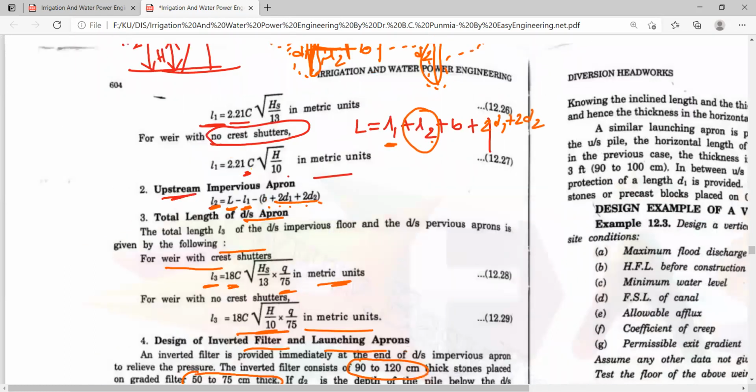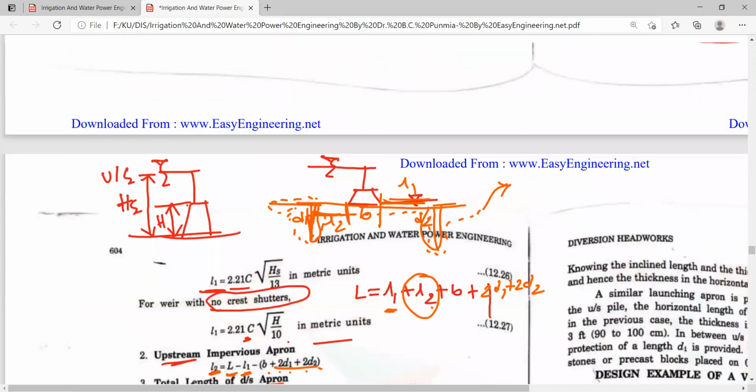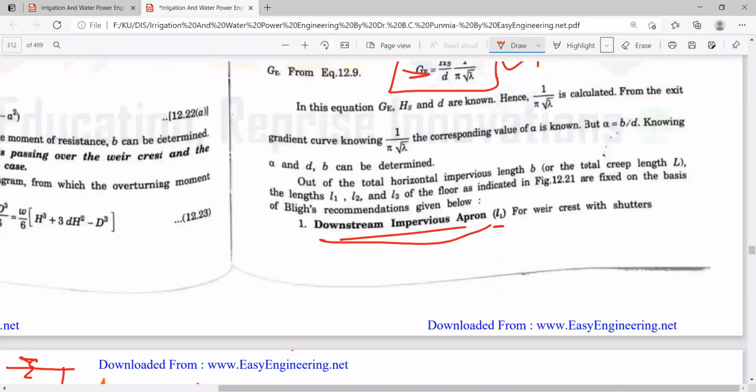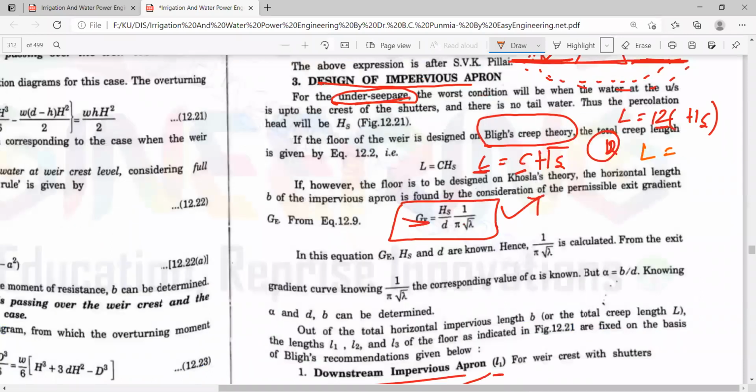So these are some formulas I showed here. Now we will move to the problem, that is the design of impervious apron at the downstream side as well as the upstream side. For the design of impervious apron, we first need to calculate the total length of creep. The total length of creep depends upon the storage HS and C, so C multiplied by HS.